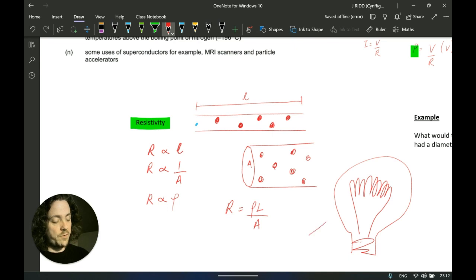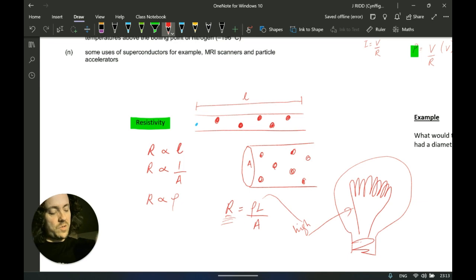First of all, you'd use a material with a very, very high resistivity. This wire was also very, very long, so inside a light bulb, if you unravel it, you'll see that wire is actually coiled and coiled again, coiled on itself. It's a very long wire, so you increase the resistance by having a very long wire, and it's also a very thin wire, which also increases the resistance.